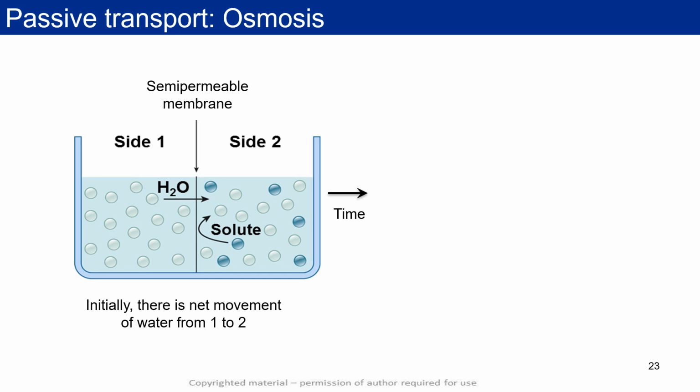A solute is only on one side, side 2 in this case, of the membrane, and it cannot pass through the membrane. However, water can pass through this membrane, and the solute concentration is higher on side 2. Initially, water moves from where it is high to the area where it is low, moving from side 1 to side 2.